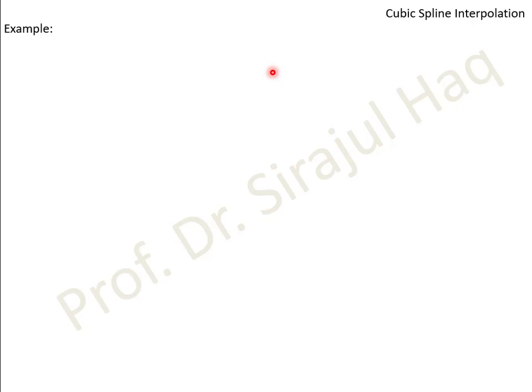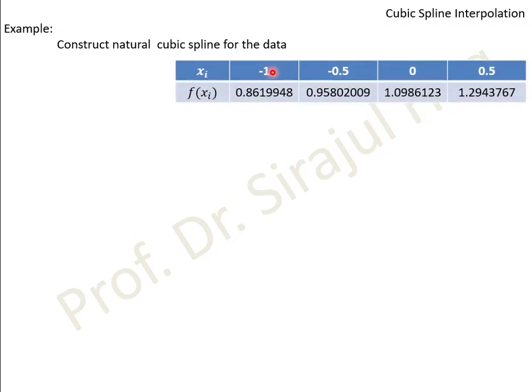Now the target was to find the values of aj, bj, cj, dj. The values of cj you computed from the system, aj from the data, and bj and dj can be computed from the equation which I showed you before. Let's use this idea to construct a natural cubic spline for the data given in this table.